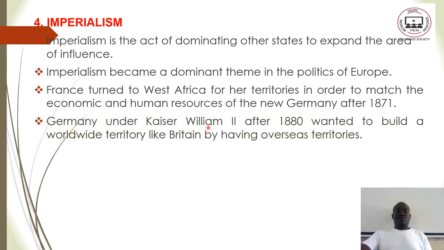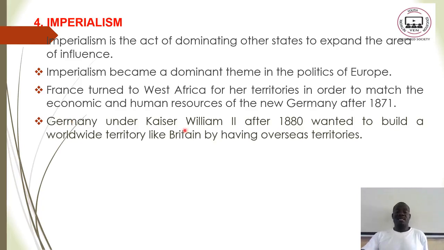Germany under Kaiser William II, after 1880, wanted to build a worldwide territory like Britain by having overseas territory. So we are talking of imperialism, whereby countries in Europe started to compete to dominate other states so as to expand their influence.